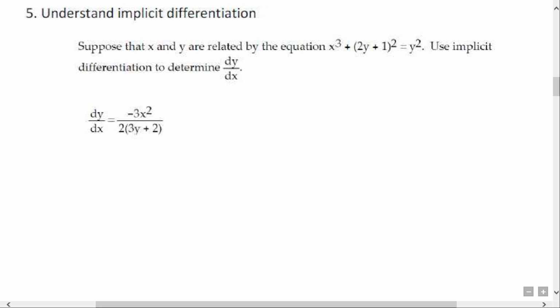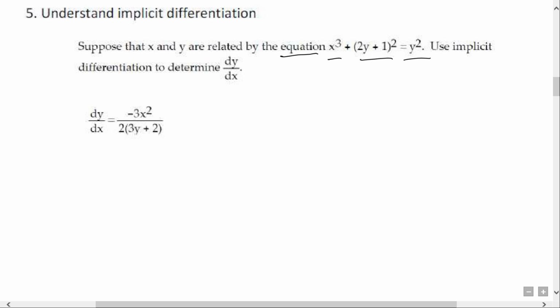We also need to understand implicit differentiation. Very often x and y are related by an equation, and you don't always have y equal f of x, but just a relationship between the variables x and y, as shown here.